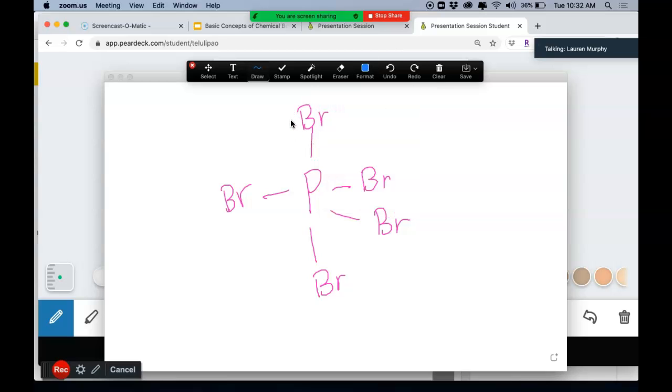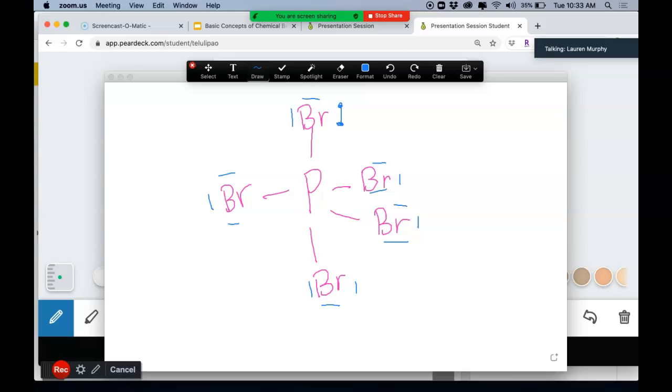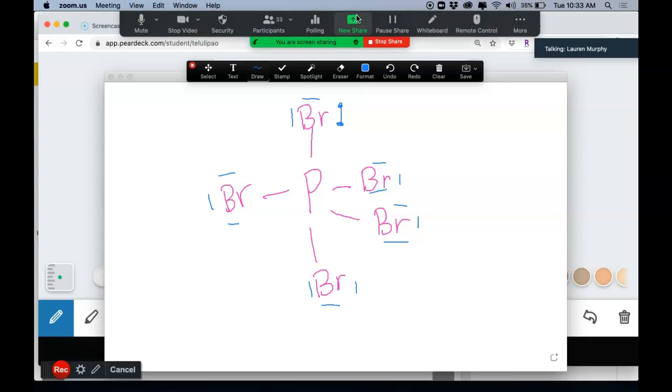So instead of drawing 6 dots around it, this is a lone pair, lone pair, lone pair. 1, 2, 3 lone pairs. And so you'll sometimes see lone pairs done this way. Again, the line represents the lone pair of electrons. This is a shortcut method instead of having to draw every single one of those dots around the atom. Any other questions about the PBr5 or either of these molecules?